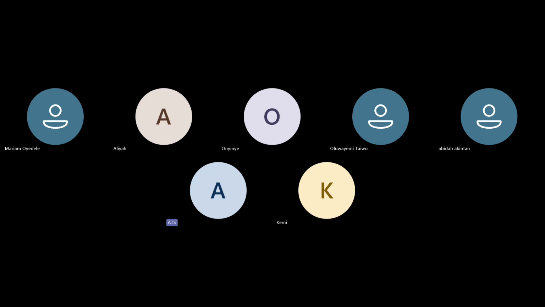Let me try to load it another way. This one is going to take time. Can you still not see it, or is it better now? I still can't see anything.